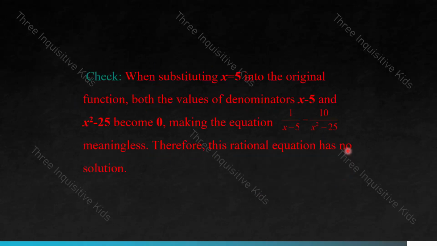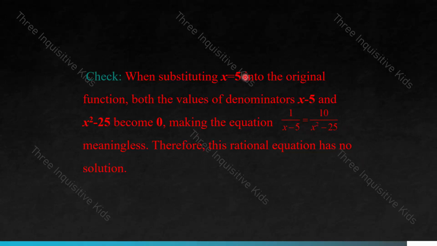But how can we be sure? Well, we double check. By substituting x equal to 5 into the original equation, both denominators, x minus 5 and x squared minus 25, become 0, making the equation 1 over (x minus 5) equal to 10 over (x squared minus 25) meaningless.